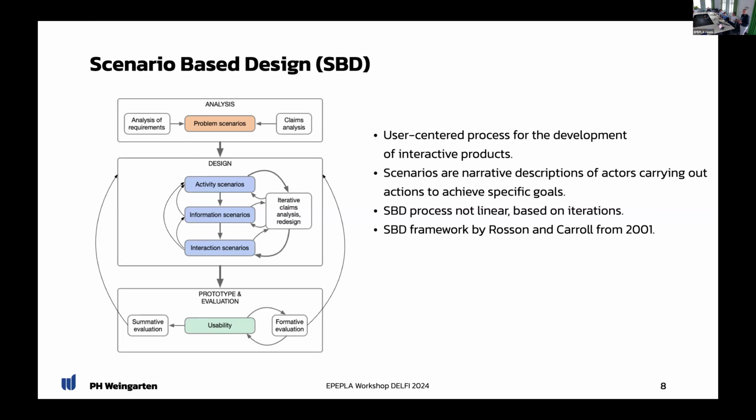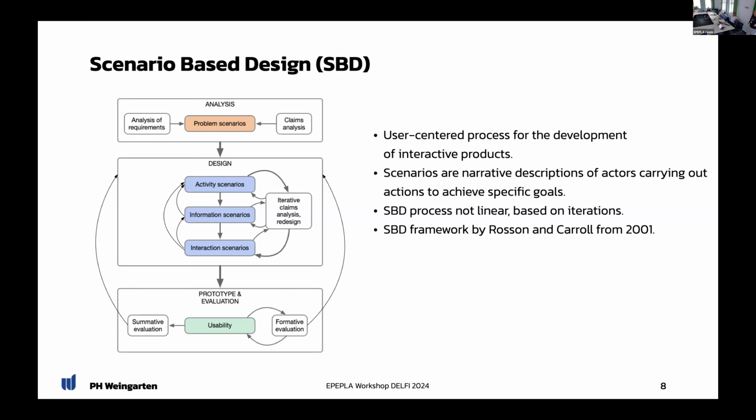We start with an analysis. It can be surveys and also known problems or possibilities. Then we build scenarios that are narrative descriptions of actors carrying out actions to achieve specific goals. This is a framework by Rosson and Carroll from 2001, and still the state of the art in this area.